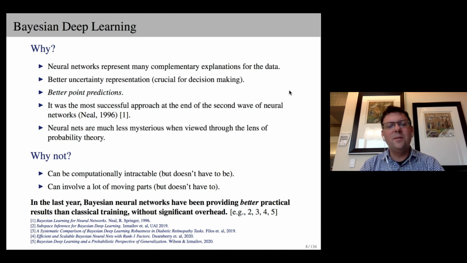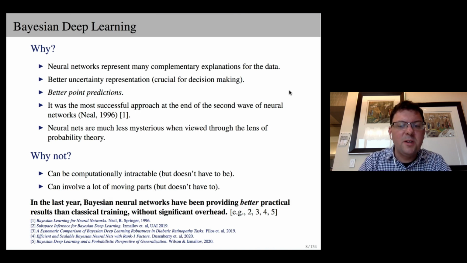And as we started to see, neural nets are also much less mysterious when viewed through the lens of probability theory. Overparametrization, double descent, model construction, and many other properties like being able to fit random labels become very understandable when we think about things from a probabilistic perspective. Why not?